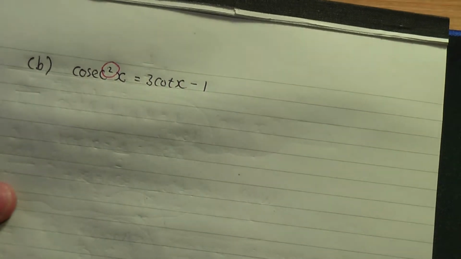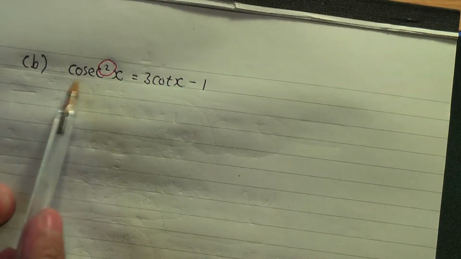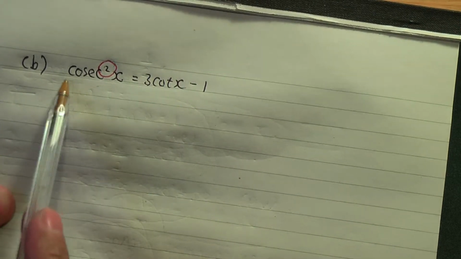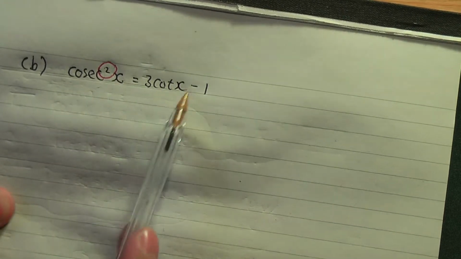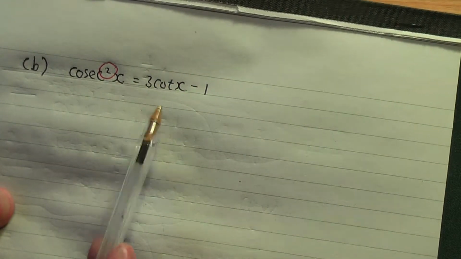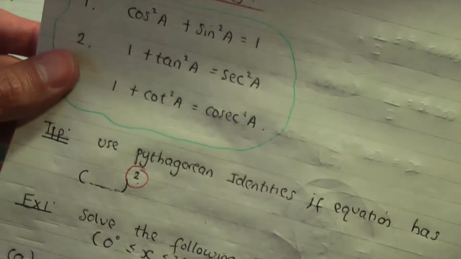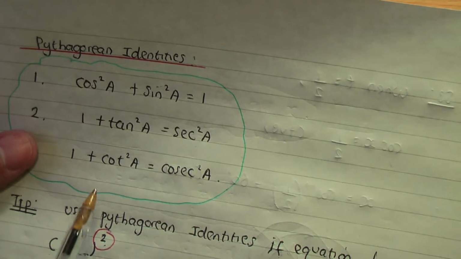Looking at our current equation, we look at the highest power term, which is cosec, and we need to change that to the least power term. So we need to change the cosec in cosec squared to a cot squared term. Going back a couple of pages, one of these identities enables us to do that.